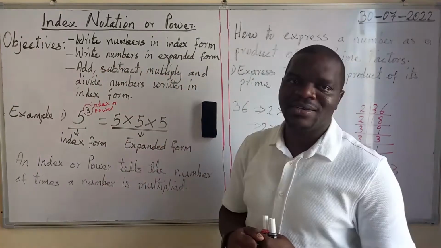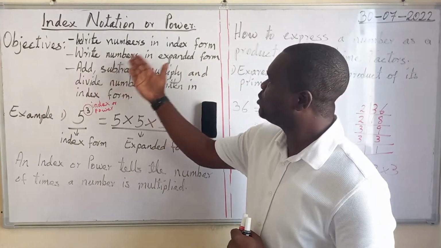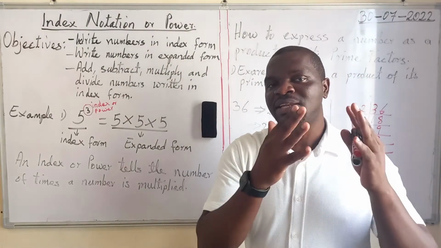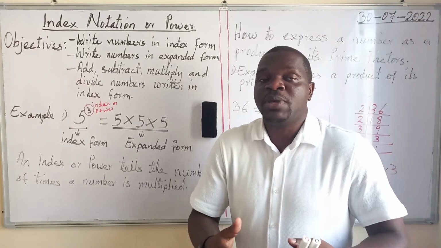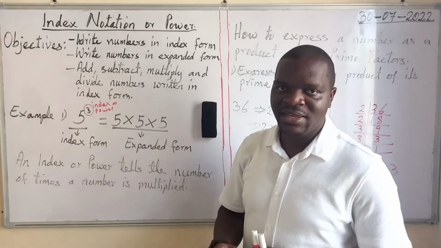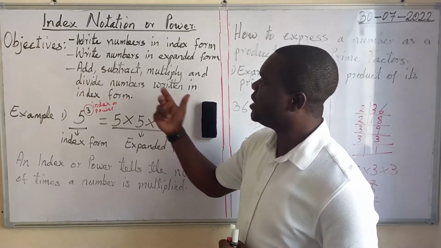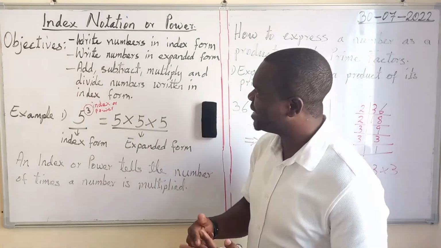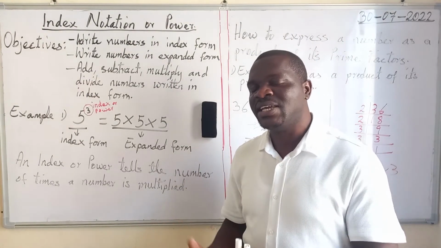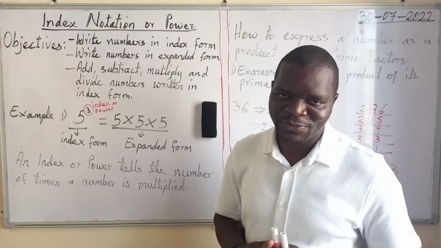The next objective is to be able to expand numbers. Numbers which are written in index form, we should be able to expand and write in expanded form. And lastly, for today, we should be able to add, subtract, multiply, and divide numbers which are written in index notation form.